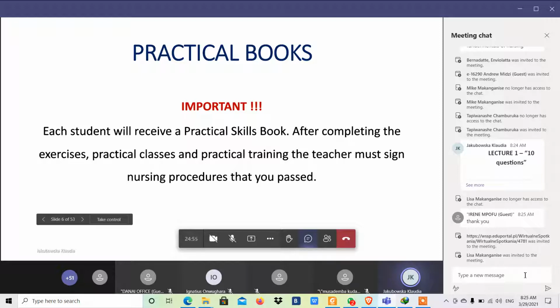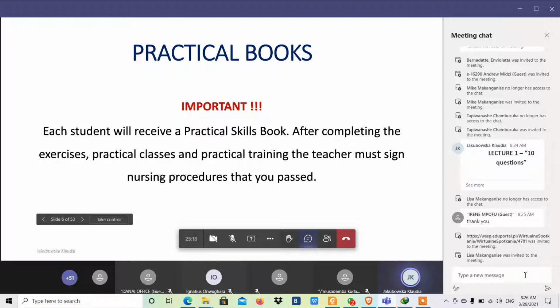After passing this procedure, you have to give your practical book to your teacher, and your teacher makes a signature that you passed this procedure. But about these practical books, you have to wait.